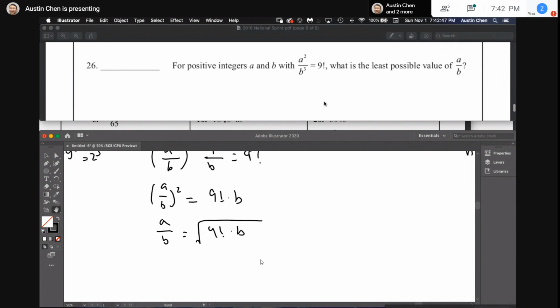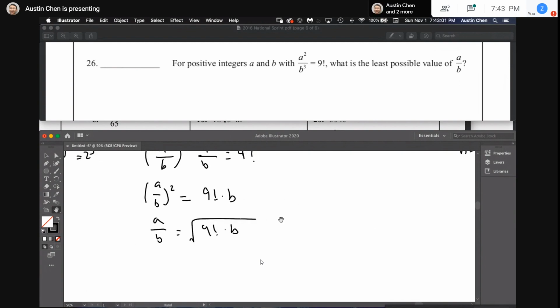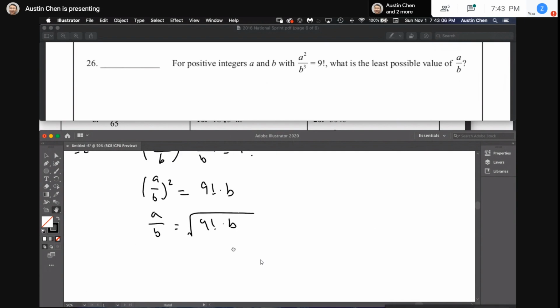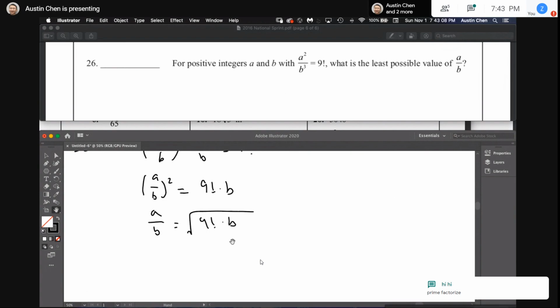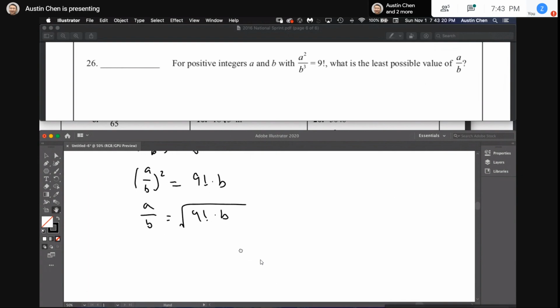All right, so let's think about this here. This is always going to be an integer, right? a and b are positive integers, and 9 factorial is definitely an integer. We should try prime factorizing 9 factorial.